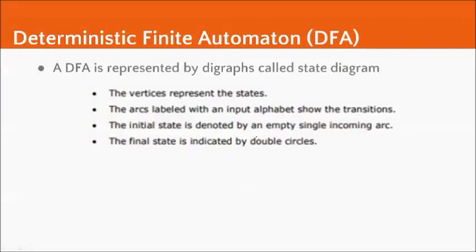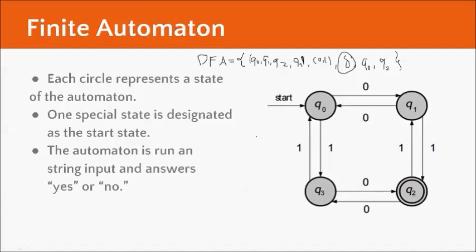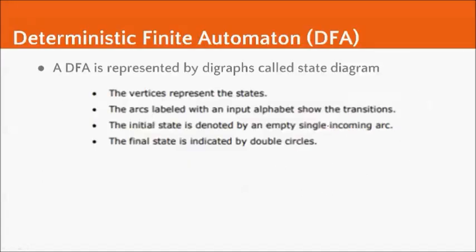So DFA or deterministic finite automaton is represented by diagrams called the state diagram. So by the way, this is a state diagram, this illustration. So the vertices represent the states. So what we call the states are also sometimes vertices. The arcs, the arrows, are labeled with an input alphabet to show the transition.